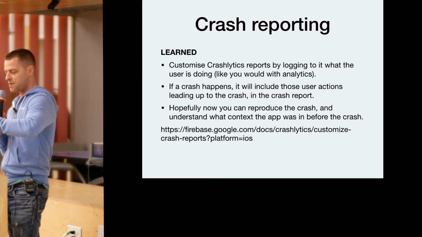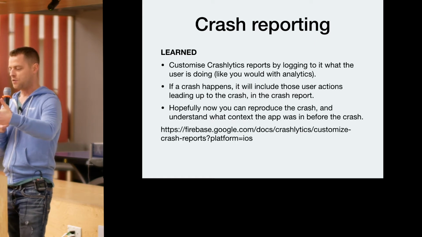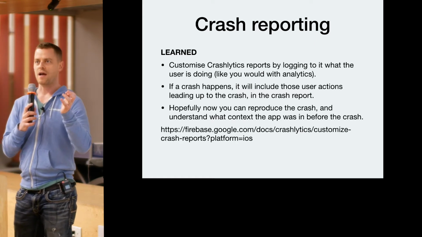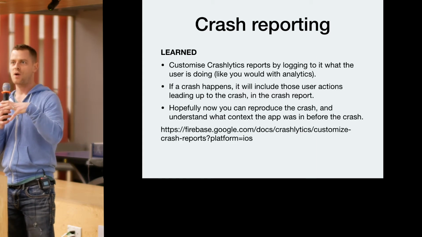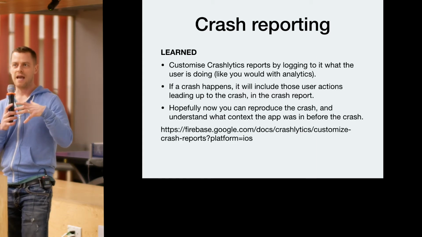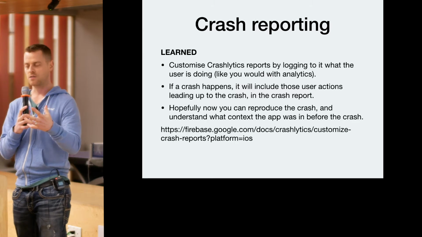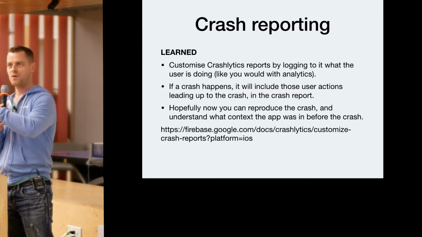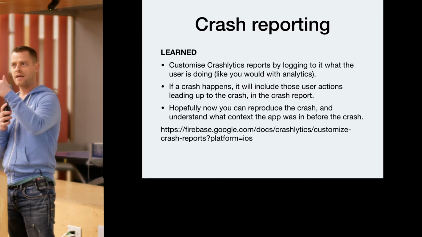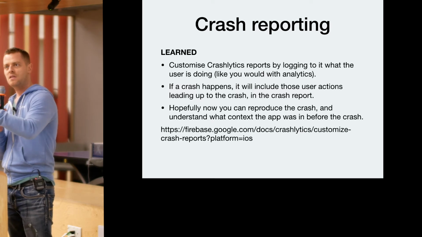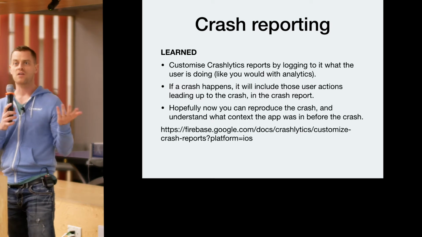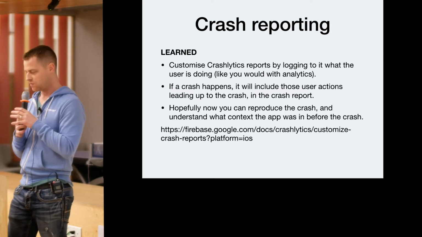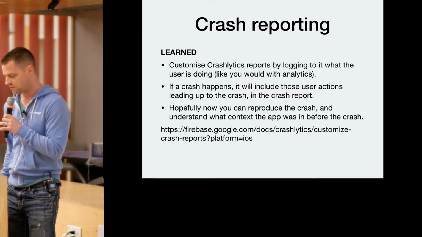I'm going to use their APIs to log to it, and those logs only go out if there is a crash, but it's bundled with the crash report. So suddenly now, instead of just this opaque stack trace, I'll see on another tab in Crashlytics, here's what happened leading up to the crash. And now I can reproduce it, which is like the huge thing to try and solve, right?